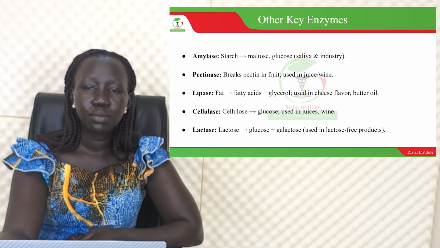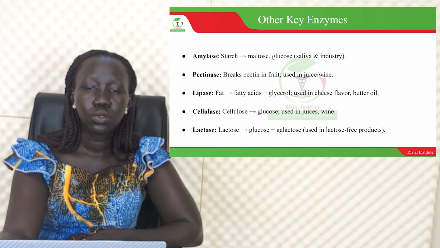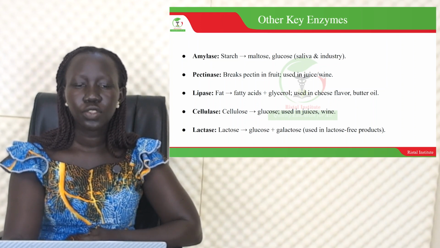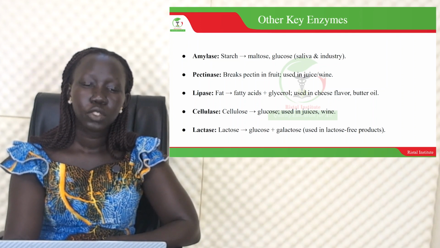The other key enzymes, we already talked about them. Amylase hydrolyzes starch to maltose and glucose. It can be found in saliva and can also be used industrially for various processes. Pectinase breaks down pectin in fruits and is used in juice or wine making.